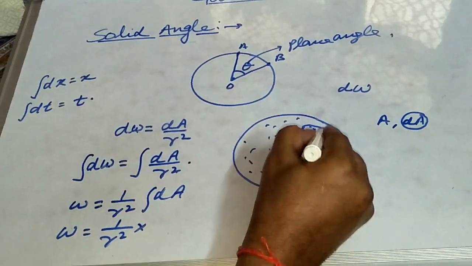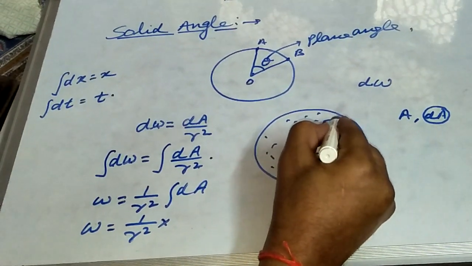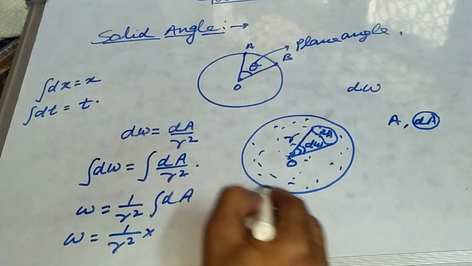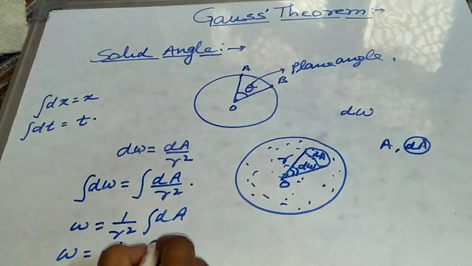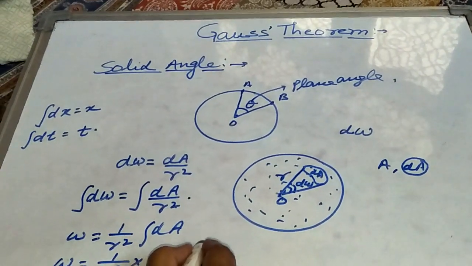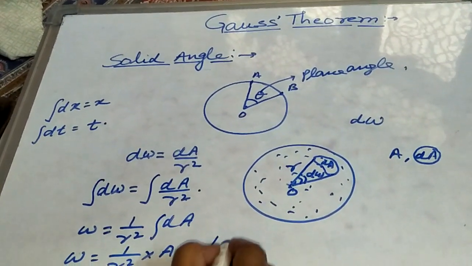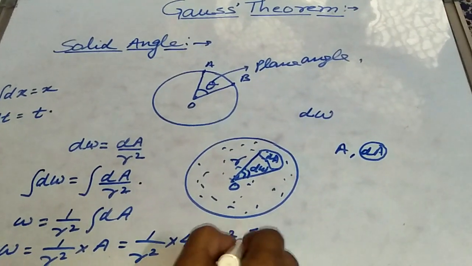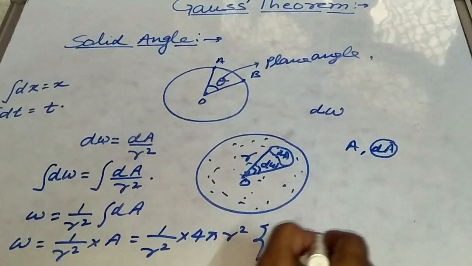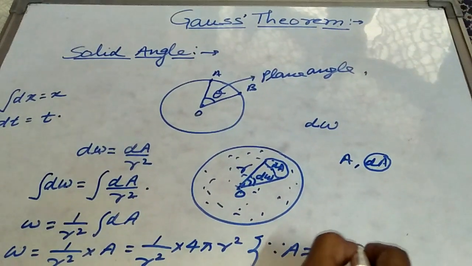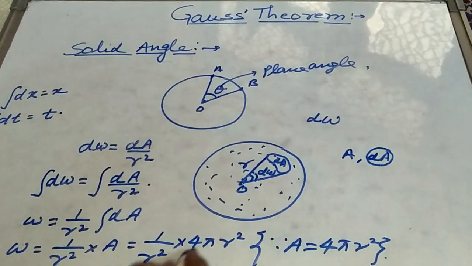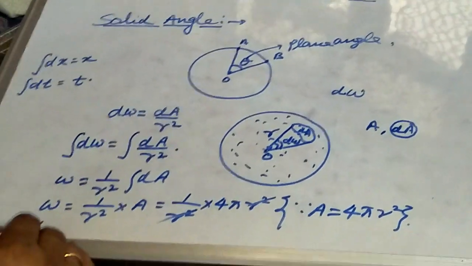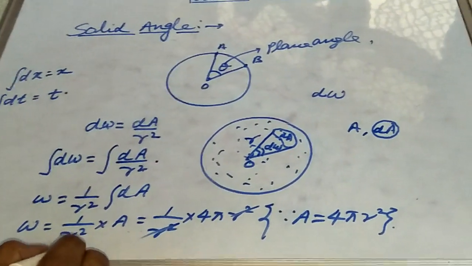dA is the small area element of this sphere, and when you integrate it, you will get the total area of this sphere, A. And you know the area of this spherical surface is 4 pi r square. Remember, this one is a sphere and its surface area is 4 pi r square. Now r square is cancelled by r square, so here omega is equal to 4 pi.